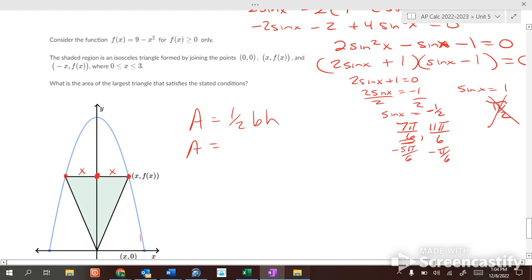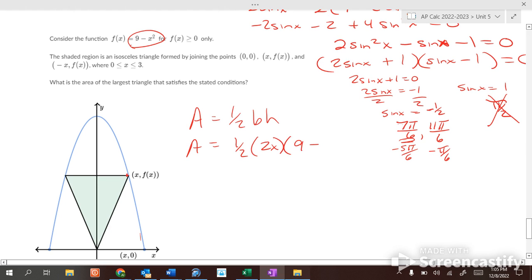X, because distance is never negative. So what's your base going to be? 2x. What's your height going to be? Well, your height is f of x, which is 9 minus x squared. So if we multiply, A equals 1/2 and 2 cancel, x distributed to 9x minus x cubed.